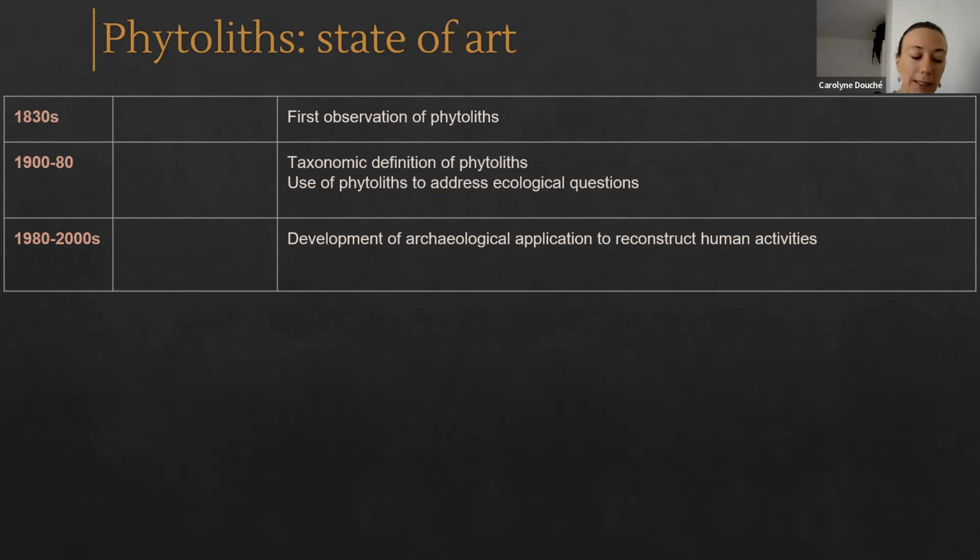And it is mostly around 2000 that the discipline emerged in archaeology with new research questions like domestication, and also the development of new methodology to help with identification using, for example, morphometry, statistics, and more new methods to work on it.